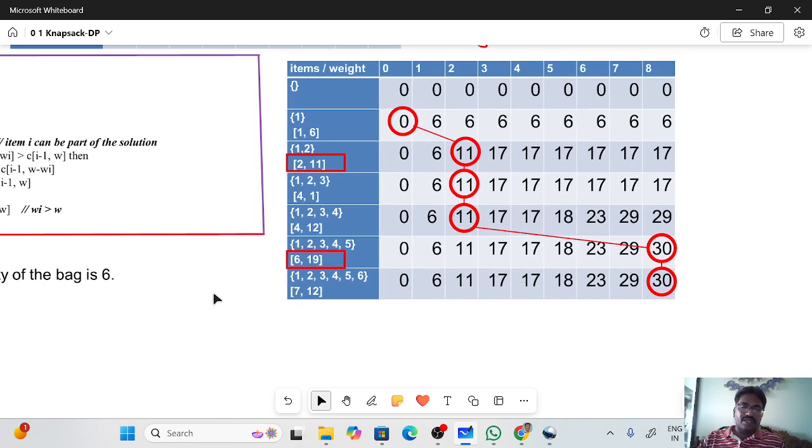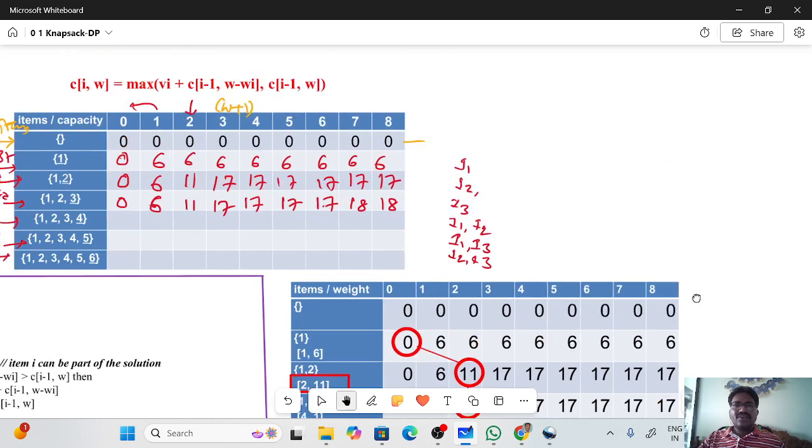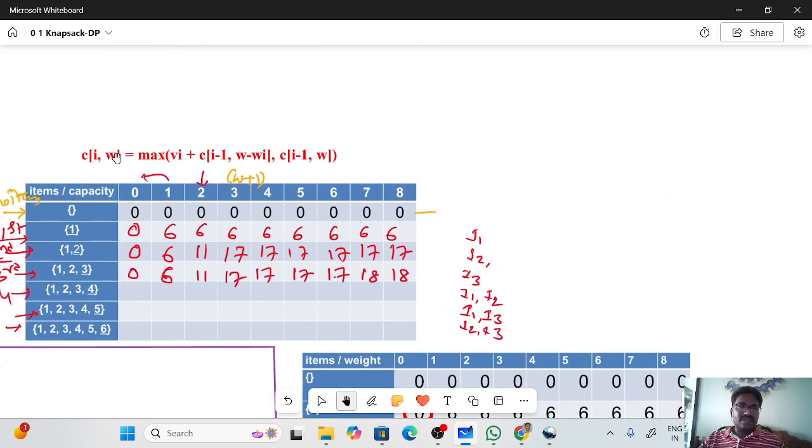This is my table. If you clearly observe, I fill this table with the help of one equation. That equation is like this.